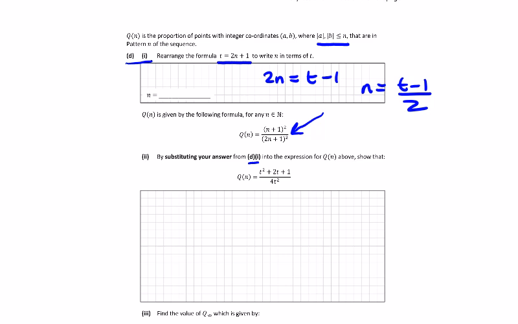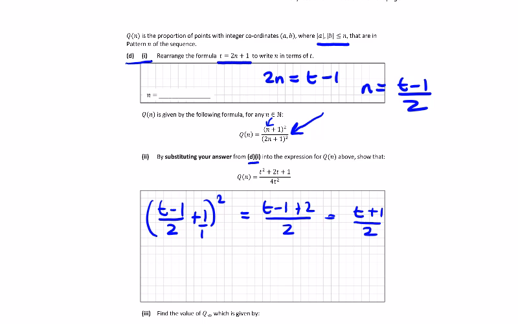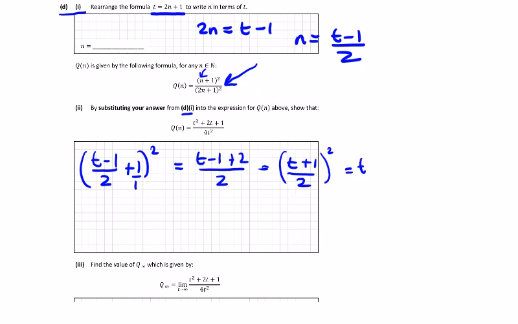So we have n, this n is going to be substituted by t minus 1 over 2, plus 1, to be squared. So that's 1 over 1. This will become t minus 1 plus 2 over 2, which is equal to t plus 1 over 2. That's the top, and that will need to be squared. So may as well continue with this. This is t squared plus 2t plus 1 over 4. That's the top part.